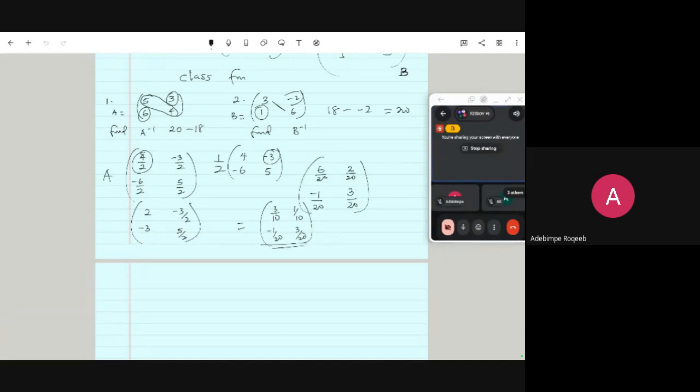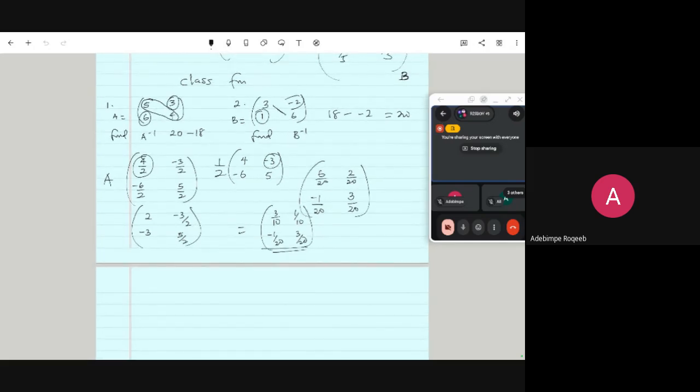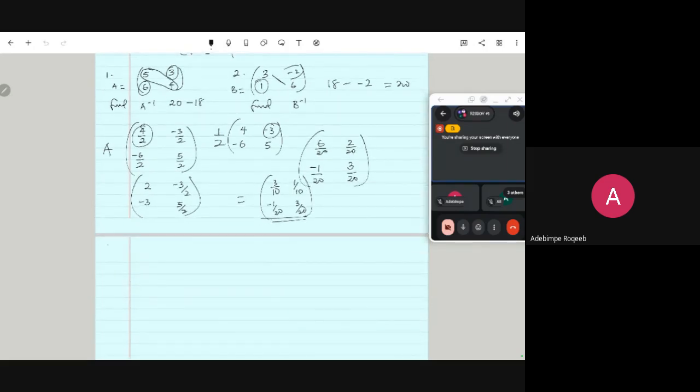So let's look at this question here. The 1992 question 22. It says P is equals to X30, 2Y3, 4, 2Z.